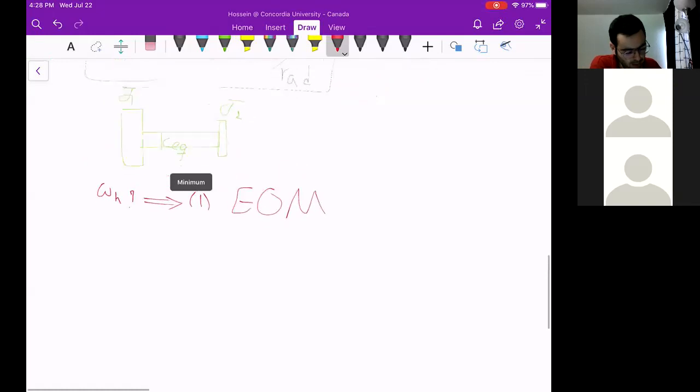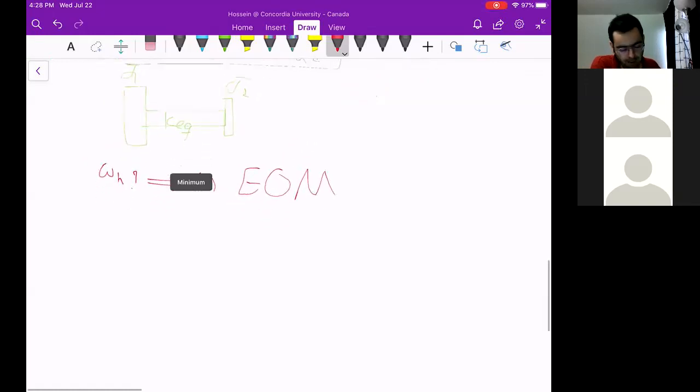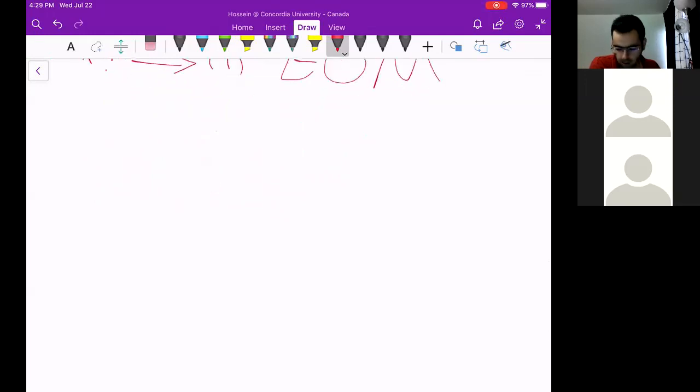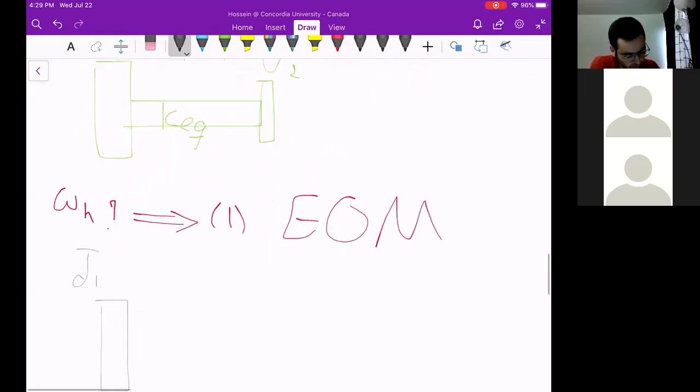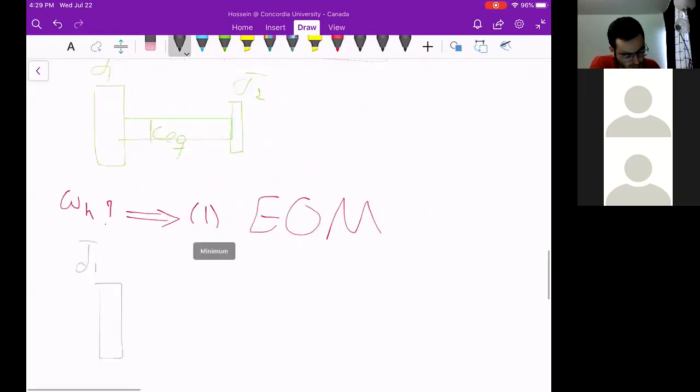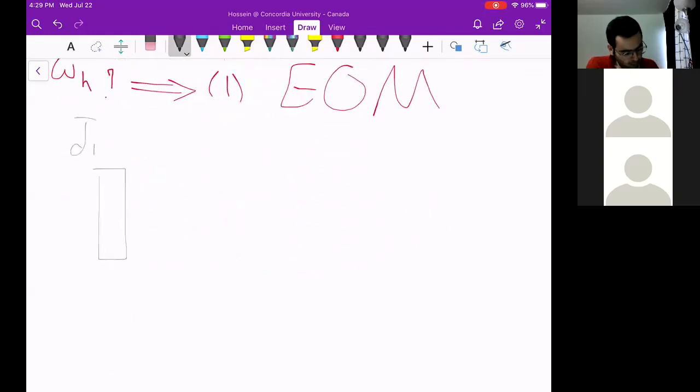So if you take a look here, there are two masses. Let's write the equation of motion for the left torsional disk. There is a torsional disk, J1. If I look from this side, I will see this torsional system.